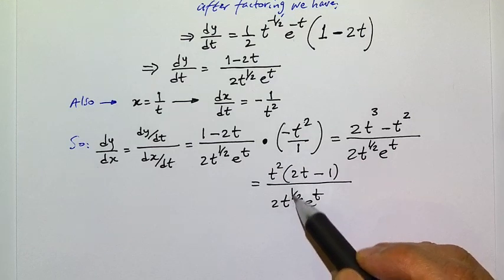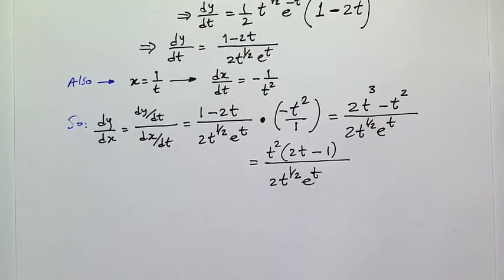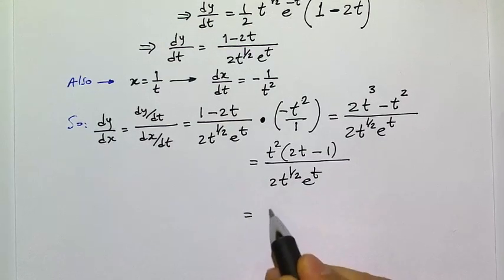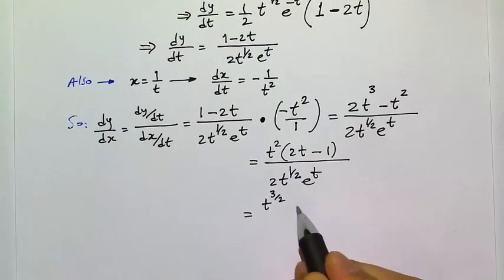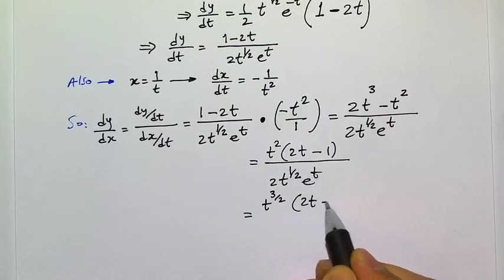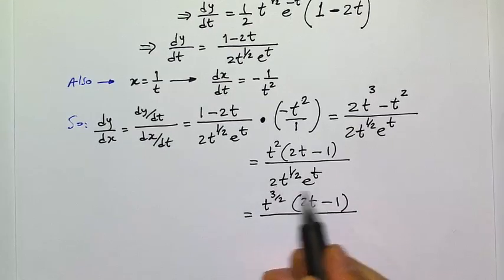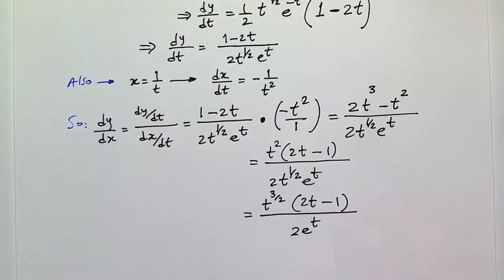We can simply subtract this from this power, and we get 2 minus 1/2 is just 1.5, or 3/2. So we have t in the numerator to the 3/2 power times 2t minus 1, divided by, all we have left in the denominator would be 2 times e to the t power.